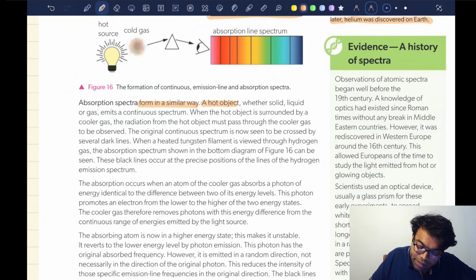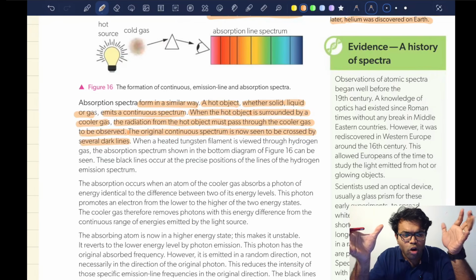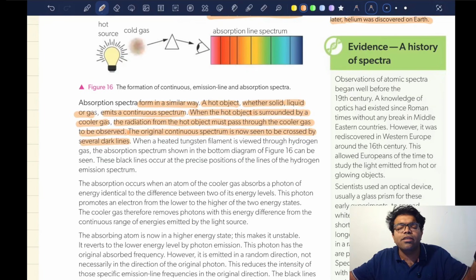A hot object, whether solid, liquid, or gas, emits a continuous spectrum. When the hot object is surrounded by a cooler gas, the radiation from the hot object must pass through the cooler gas to be observable. The original continuous spectrum is now seen to be crossed by several dark lines. Okay, so when you have a hot object, it is releasing a continuous spectrum.